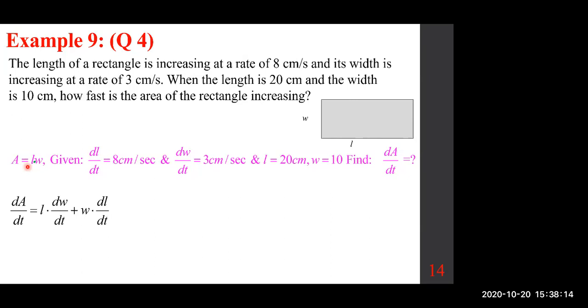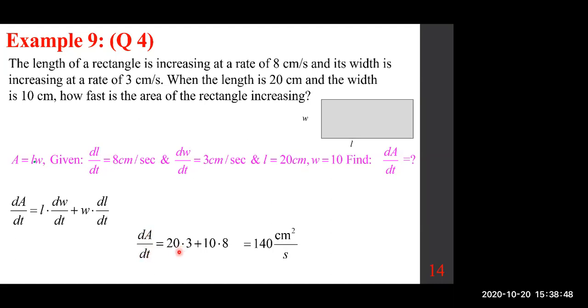Everything is given. Look at your given. You wrote everything here. You don't have to look for anything. Just plug everything in and find the missing one. Putting everything on the right side, we get 140 centimeters squared per second. It is important to see that, again, for dA/dt, the units are the units of area over the units of time.